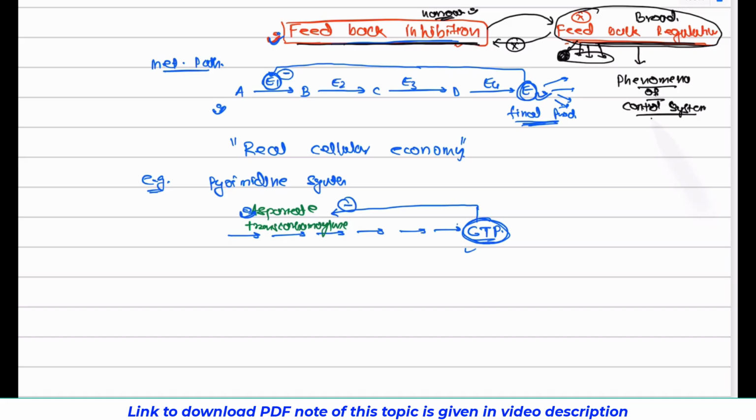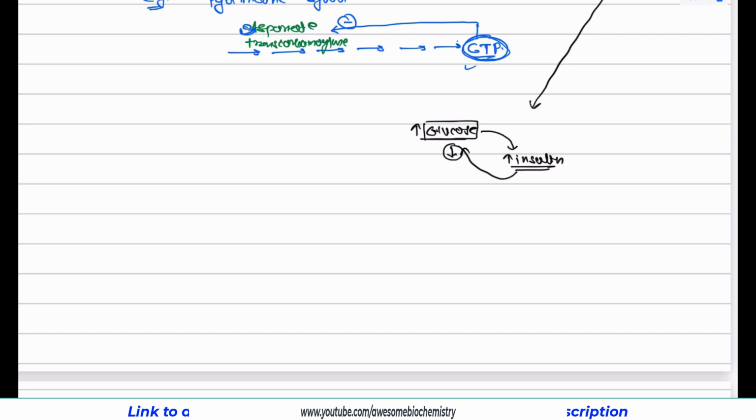Okay, it is a phenomenon of a control system. To understand more about it, suppose there is an increase in blood glucose concentration. What will happen? This increased blood glucose concentration will lead to increased insulin secretion, and because of this insulin secretion, the blood glucose concentration will be brought down. So as you can see, glucose will come back to its normal range.